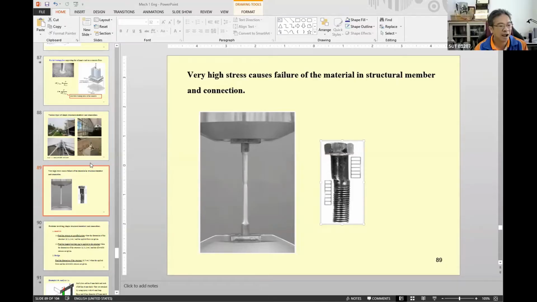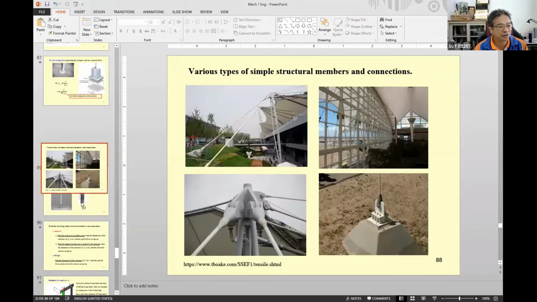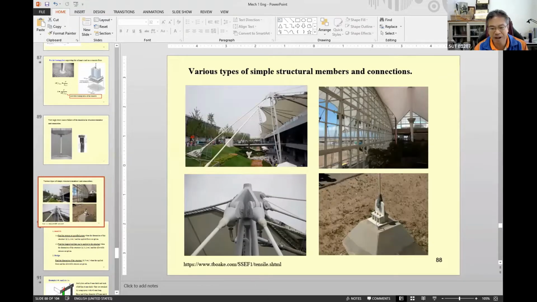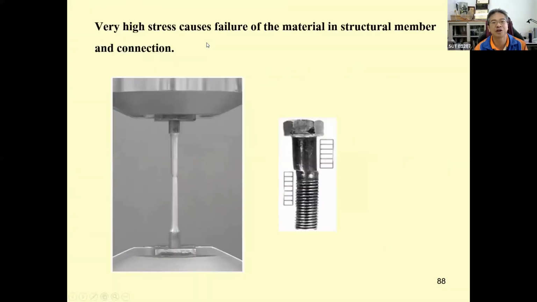And I should say, this one is a kind of aluminum specimen, held on the top and on the bottom, and you can see when the load increases, when the force over here increases, you're going to produce the stress.